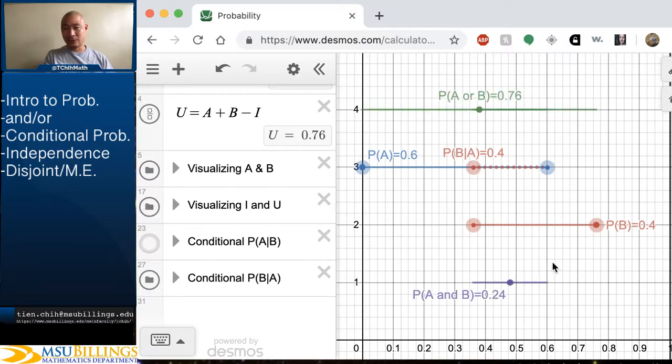And one last note is that the probability of A and B, the intersection of those events, the probability that A and B happens, is simply the product of the two probabilities.